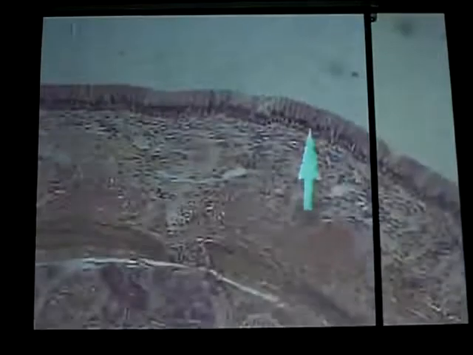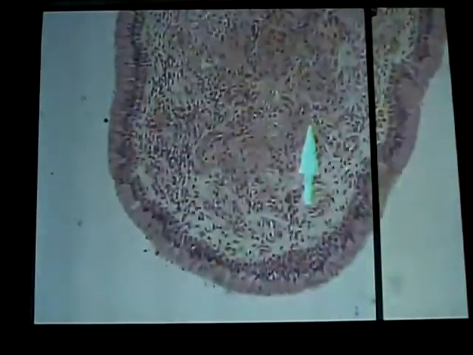So we see our epithelium, we see the glands below the epithelium. In some of the slides you can see the transition to the olfactory epithelium. I don't think I saw it in this one. But the main difference, you're going to see a change in the thickness of the epithelium, and you're going to see the goblet cells disappear.